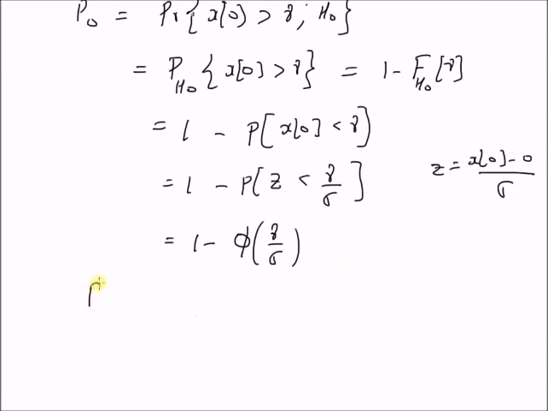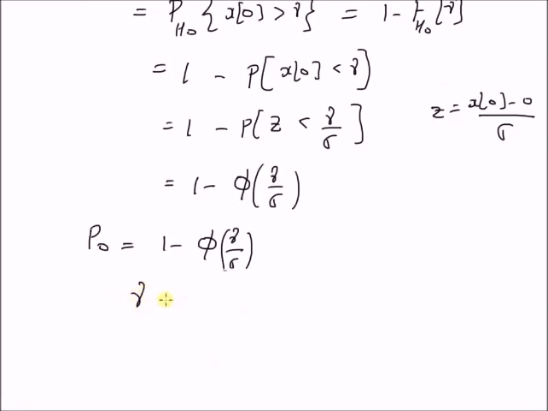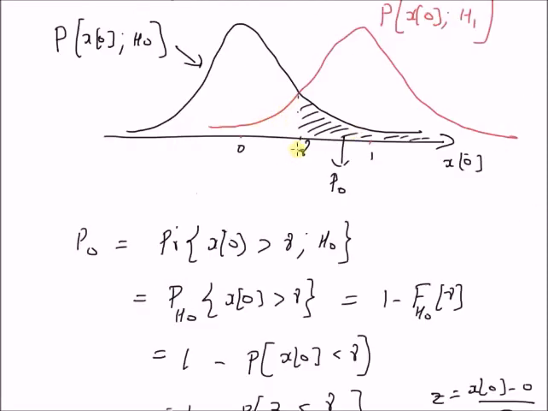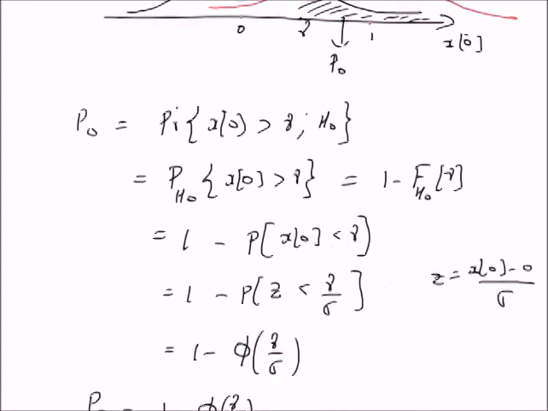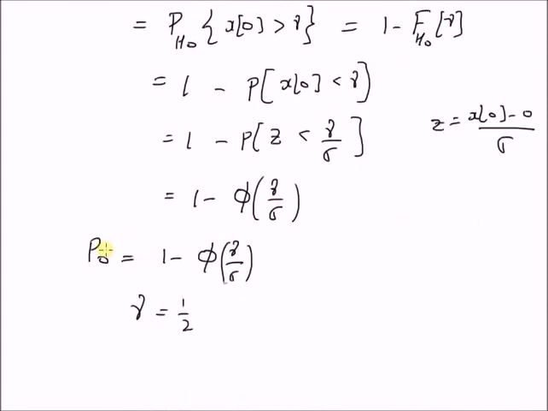Therefore, the probability P0 is equal to 1 minus phi of gamma by sigma. For example, for a threshold gamma equal to 1 by 2, that is, when the threshold is exactly in the middle between 0 and 1, the probability of wrong decision corresponding to a value of sigma square equal to 0.0262 is equal to 10 power minus 3.